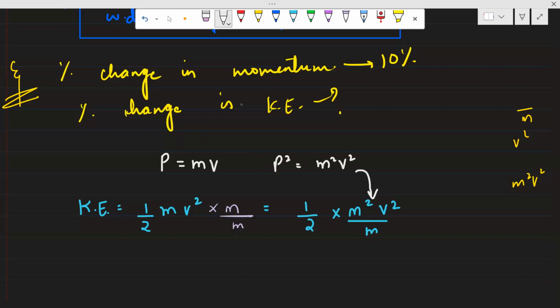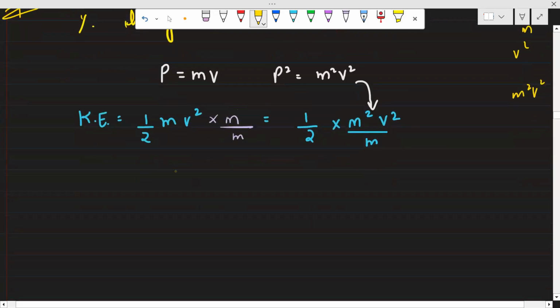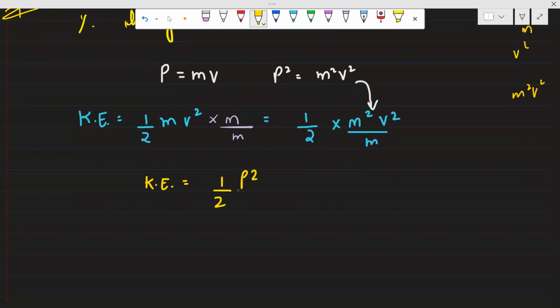So when we put the value here, we can say kinetic energy is equal to half p square by m. So this is a relationship between kinetic energy and the momentum.